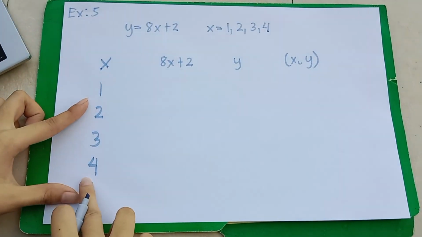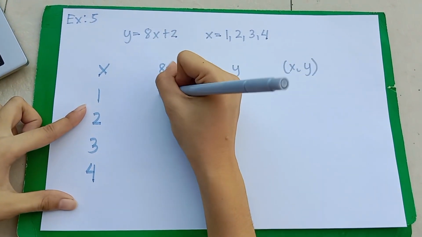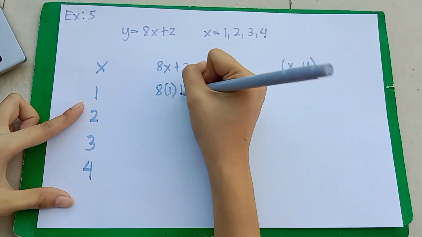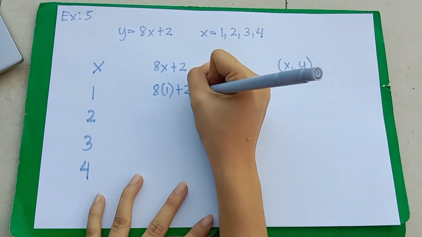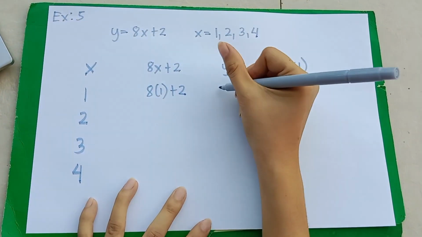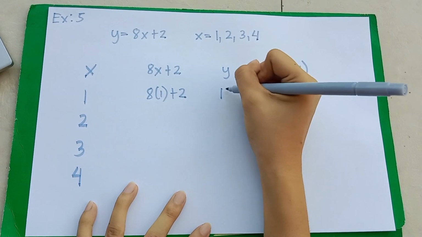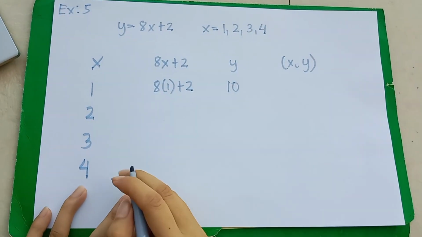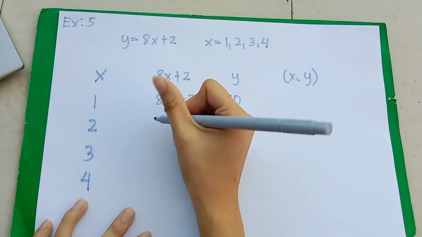So now let's substitute our given x into our given equation. So 8 times 1 plus 2. 8 times 1 equals 8, plus 2 is 10. So our y is 10. And then next is for the 2.